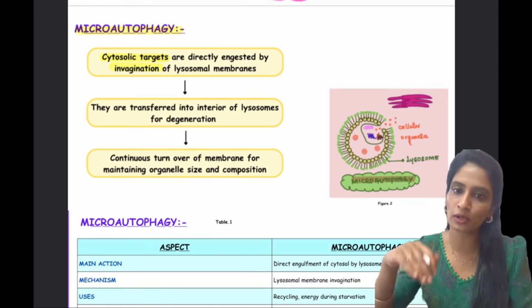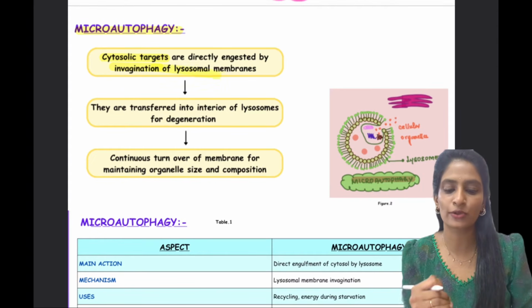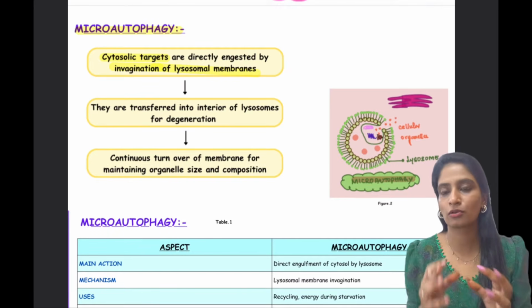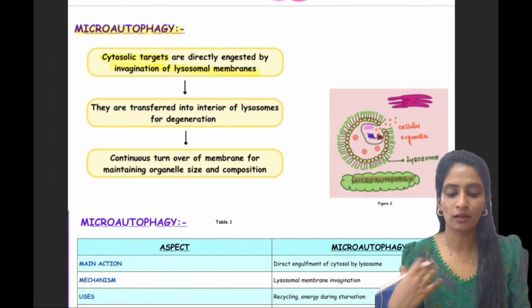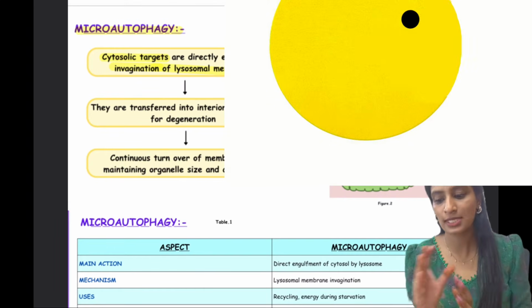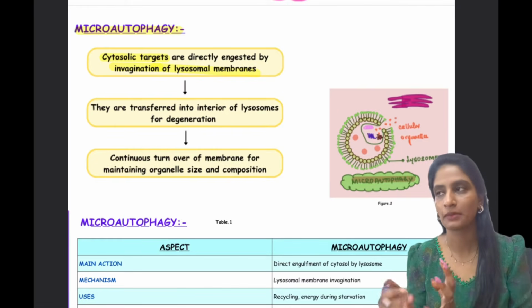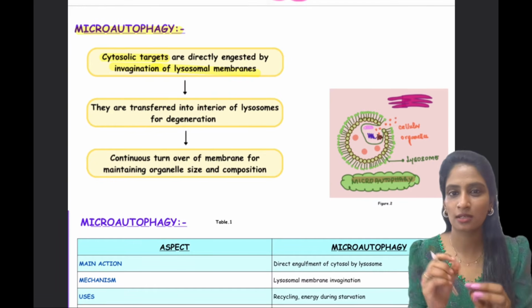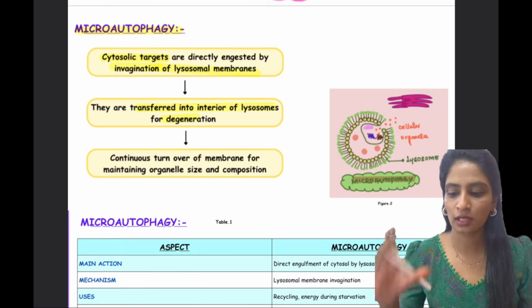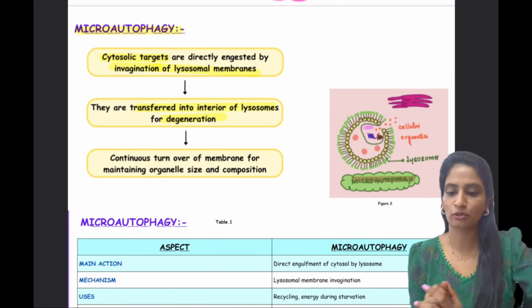The lysosome folds inwards within the cytoplasm, like the Pac-Man game, munching dots, where the cell eats its own content, some nearby things. It's the same kind of thing that happens in microautophagy.